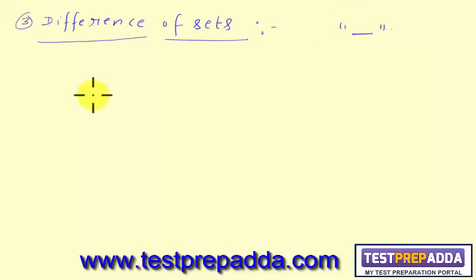If I consider A and B as two sets, then A minus B is the difference of two sets. It means the set of those elements which are in A but not in B.